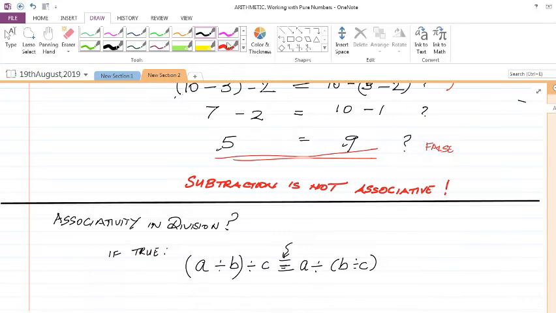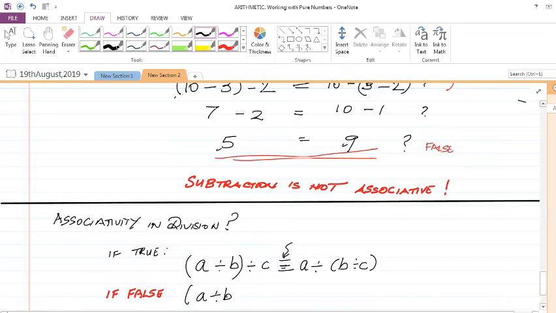But if false, we will say A divided by B divided by C will not always be equal to A divided by B divided by C.